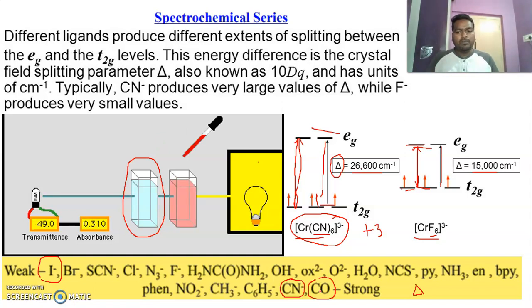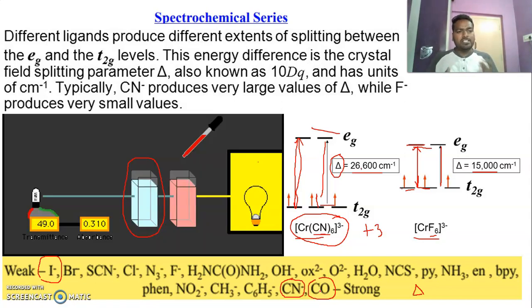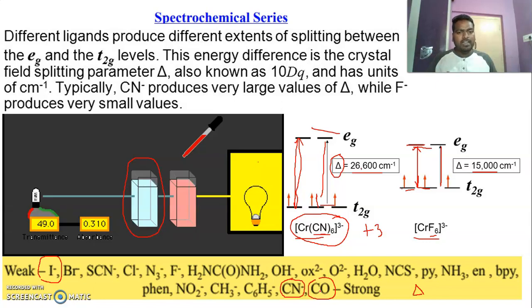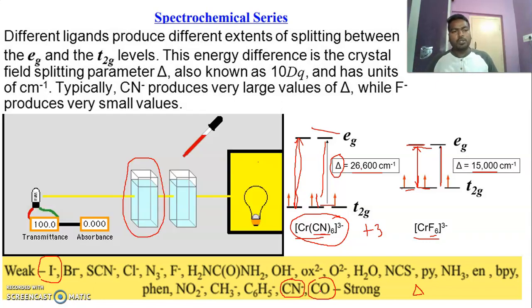If you know the nature of the ligand, you can judge whether it is high spin or low spin, whether it is paramagnetic or diamagnetic, whether it shows color or not, whether it is stable or unstable. All the properties depend on the nature of the ligand as well as the nature of the metal ion. To know the strength of a ligand, the knowledge of the spectrochemical series is very, very important.